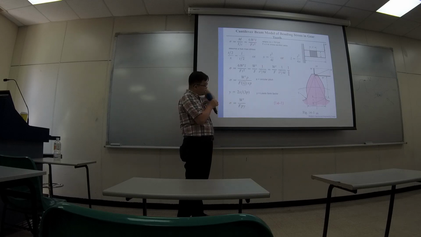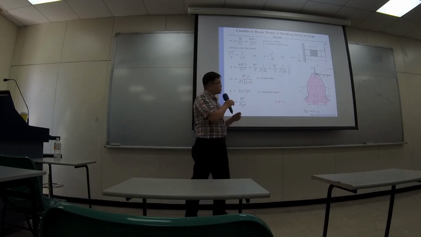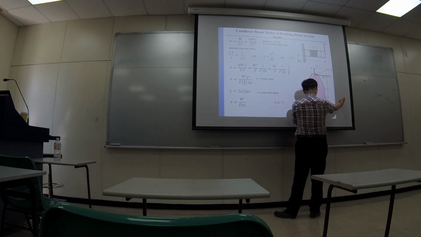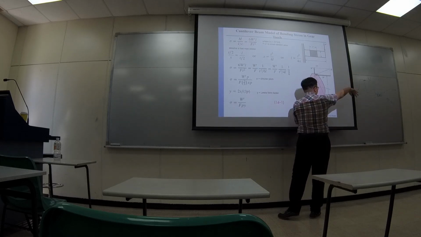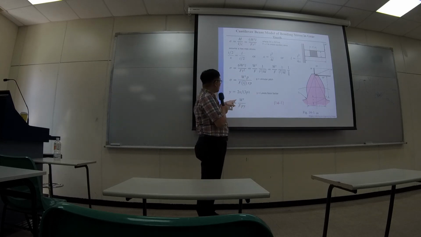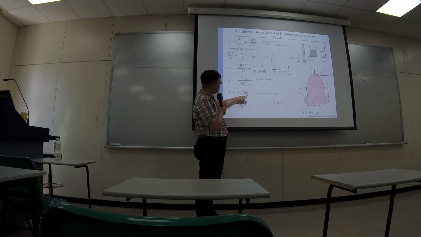P is the circular pitch, basically the distance from here to the neighboring tooth. What is Y? Y is a ratio between X and P, but with some coefficients 2 and 3.